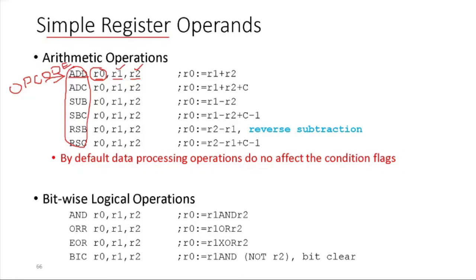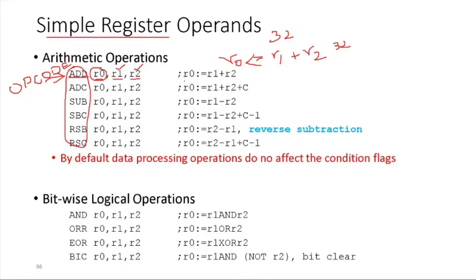What the add instruction will do is add the contents of R1 and the contents of R2, and put the result in the destination register. What is the destination register? R0. R1 is a 32-bit register, and R2 is also a 32-bit register. These 2 32-bit values are added, and the result will be stored in the R0 register. R0 is also a 32-bit register.